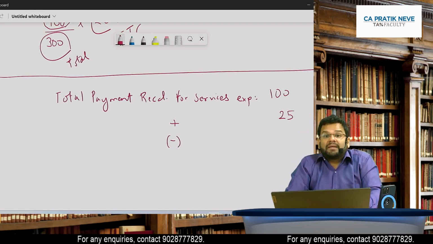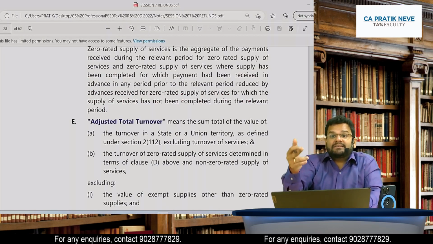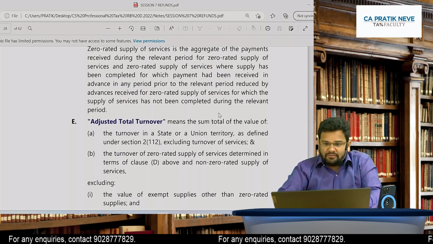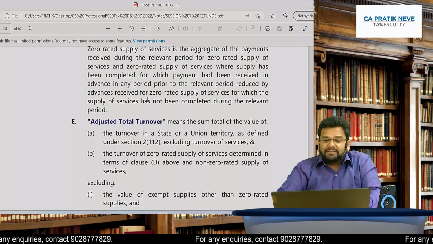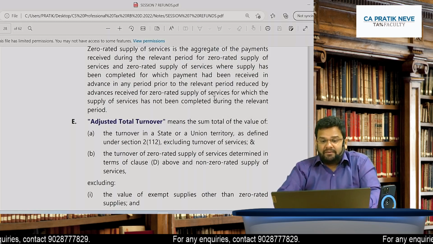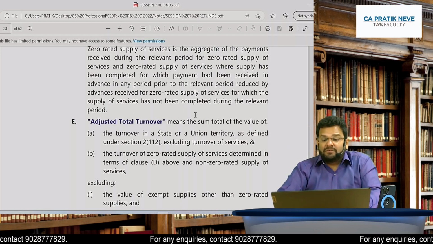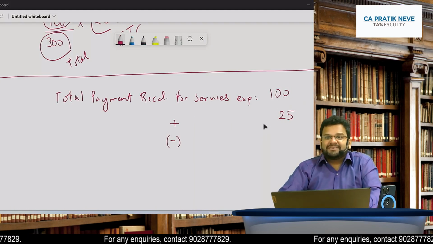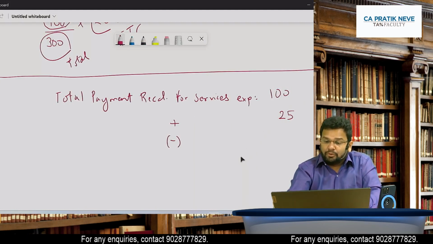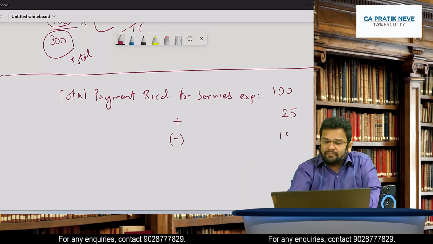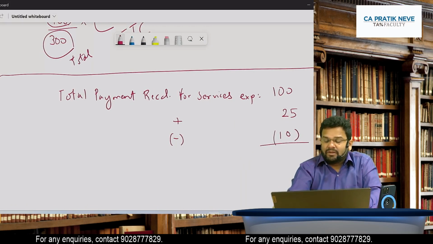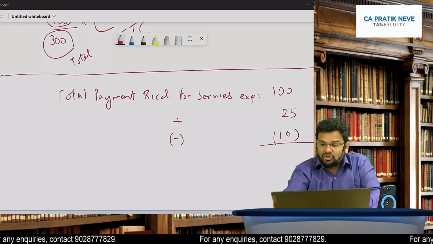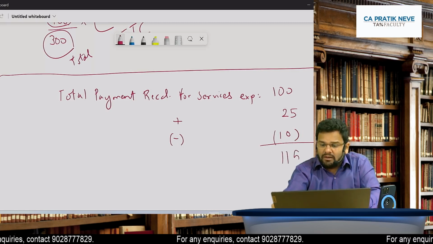You will minus any advance that you have received, reduced by advances received for zero rated supply for which the supply of service has not been completed. This 100 can include some advance. So suppose it includes an advance of 10. Subtract that 10. So your zero rated supply of services in this case should finally be 115.